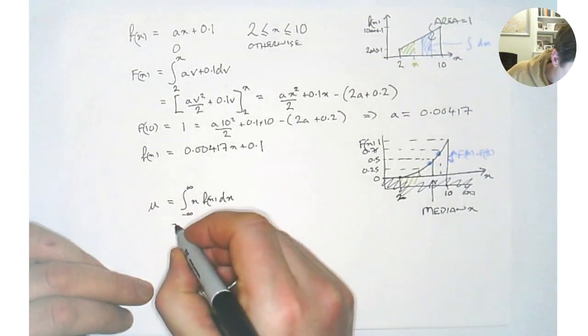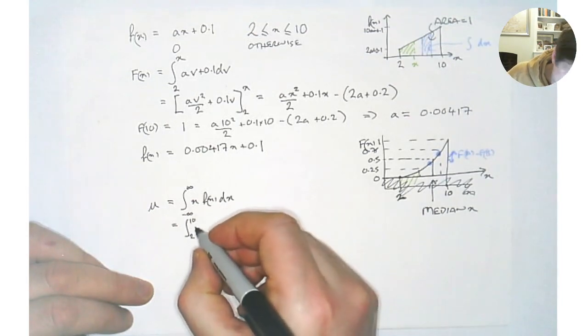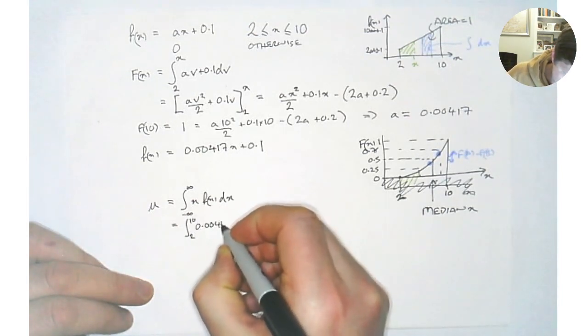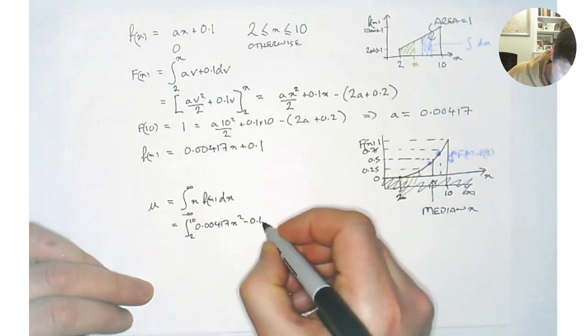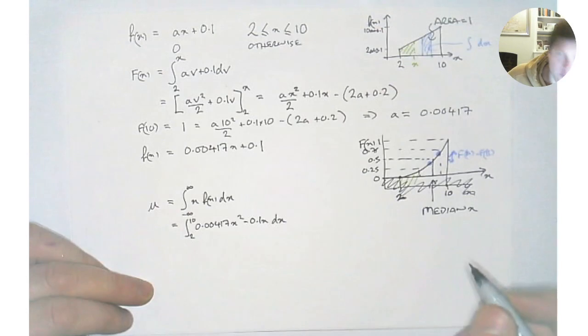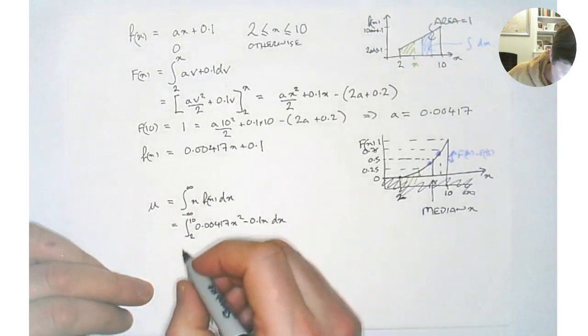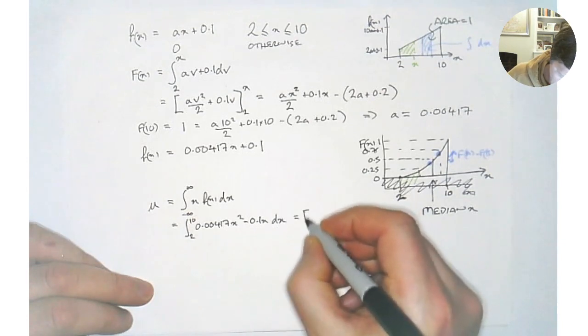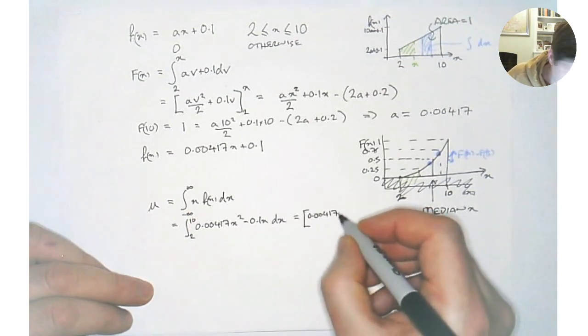Okay, so we can do that, and we put in our values. We only need to integrate from 2 to 10. Okay, we multiply it through. We need to integrate that. And again, obviously that's not too tricky to do.